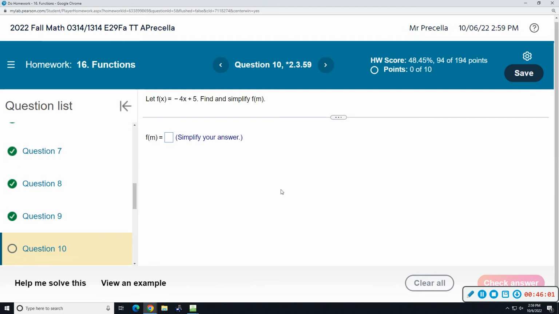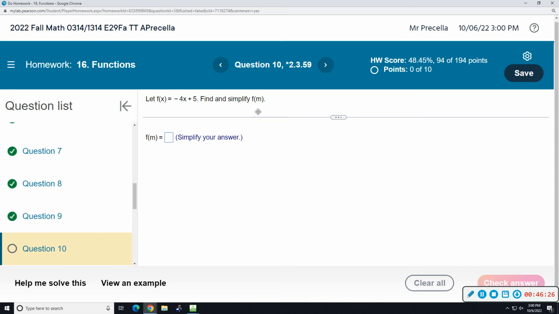Number 10 is the hardest one we've done so far. It says let f of x equals negative 4x plus 5. Find and simplify f of n. I'm joking about it being the hardest one we've done so far. This is one we can do. We just read the problem, type the answer.